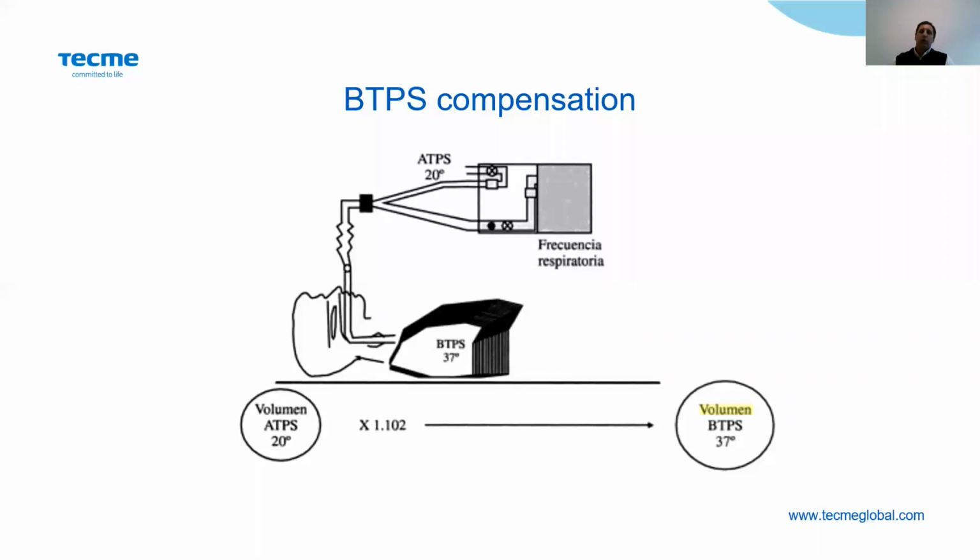And this is not a good situation. So in order to avoid hyperventilation or giving the patient an additional volume that I have not set, the idea is to do this BTPS compensation. So the machine is going to make all the adjustment, reducing the delivery of tidal volume in order to guarantee that the tidal volume inside the lung becomes the same that you have set on the machine.